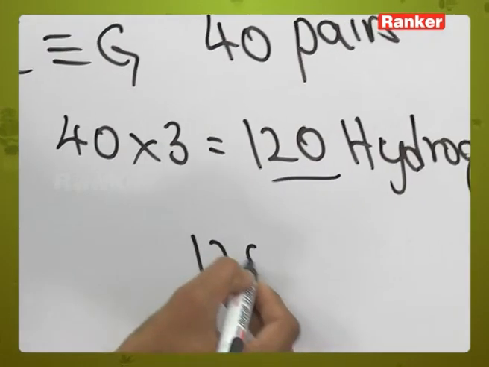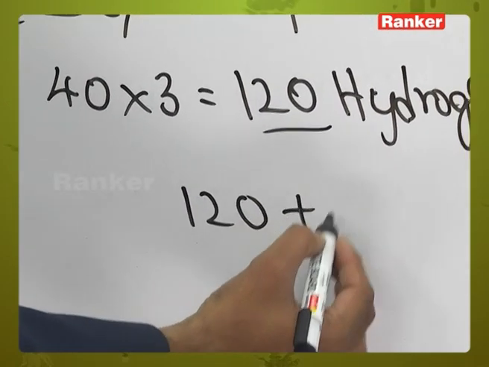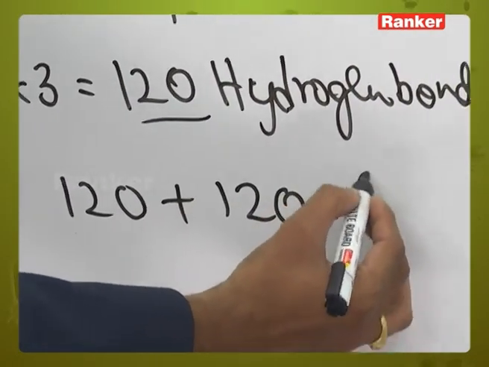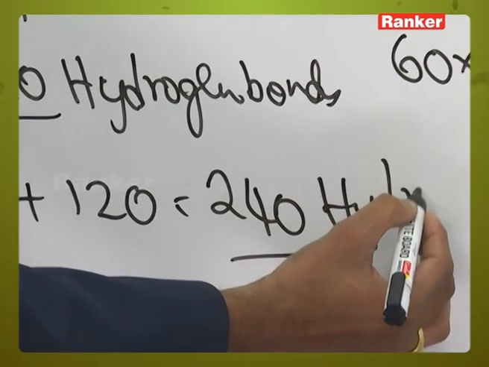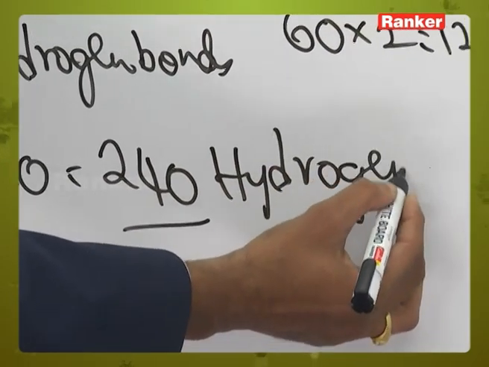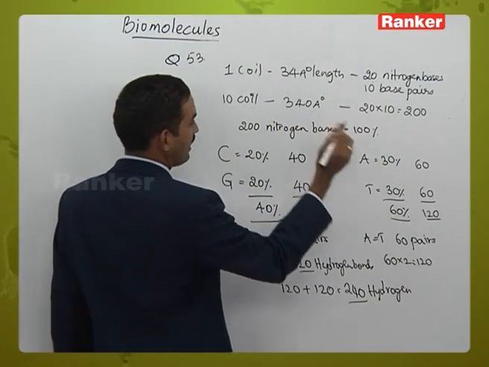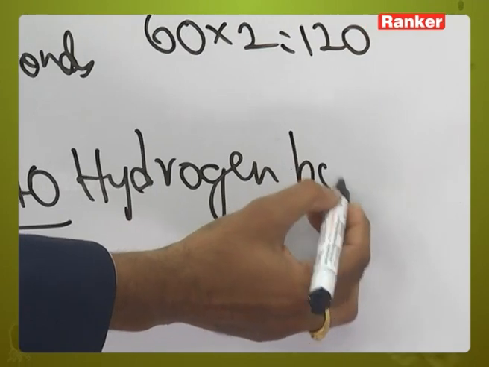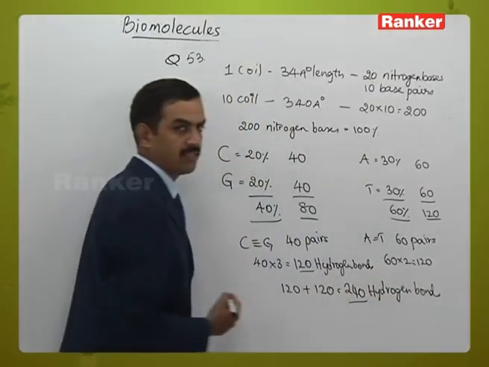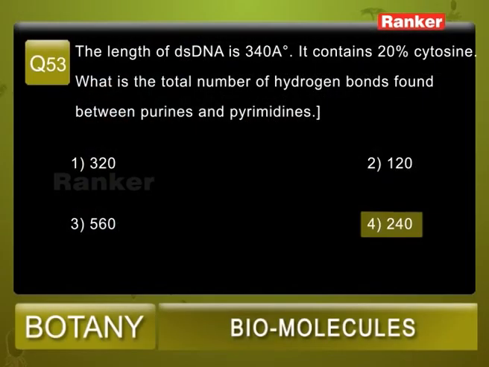So 120 formed by C and G pairs and 120 formed by A and T pairs. The total number of hydrogen bonds present in a DNA molecule having 340 angstroms length and 20% cytosine is 240. So question number 53, the correct answer is 4.